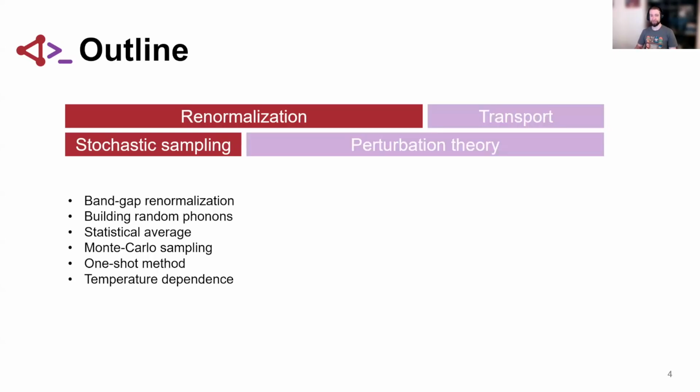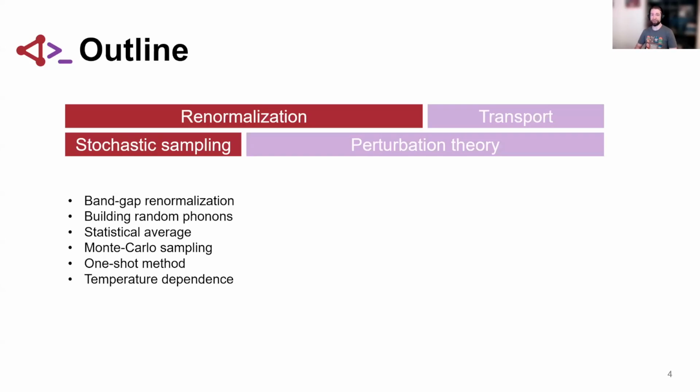Now, the stochastic sampling approach will deal first with the definition of bandgap renormalization. So before we get into the method, I just recap what the band structure is, about what we think of in terms of renormalization. And then I tell you how you can build random phonon modes. So just sampling from a pool of vibrational patterns and then building a statistical average of those random samples to get to your observable.